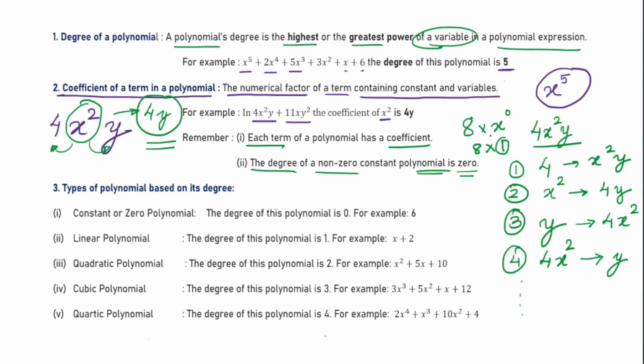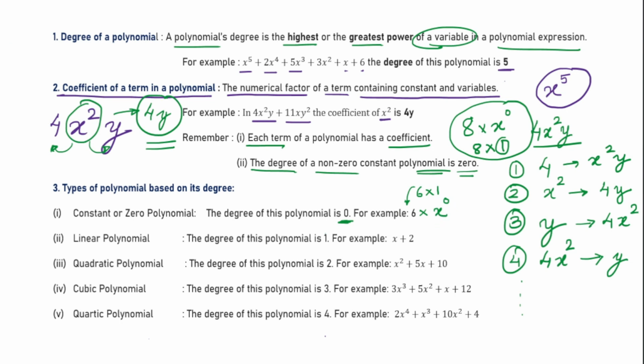The very first type is called a constant or zero polynomial. By the name itself, it is very clear that its degree is going to be 0. I can write this 6 as 6 into x raised to the power 0, because x raised to the power 0 is 1. So it will be 6 into 1 and we get the same number. It means we are not actually changing the number 6 by multiplying it with x raised to the power 0.